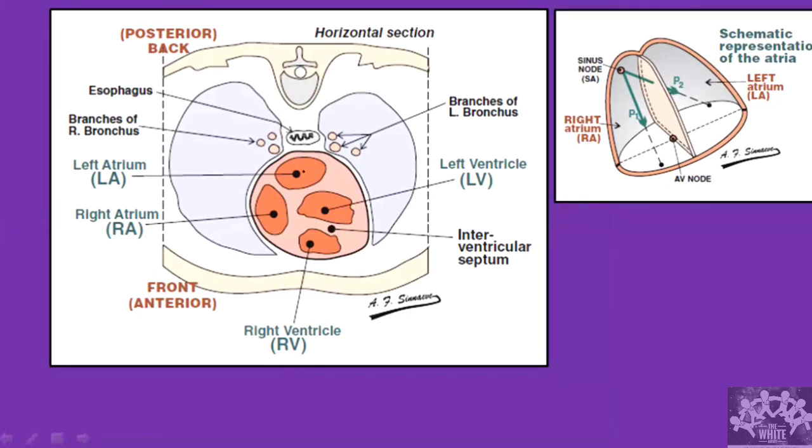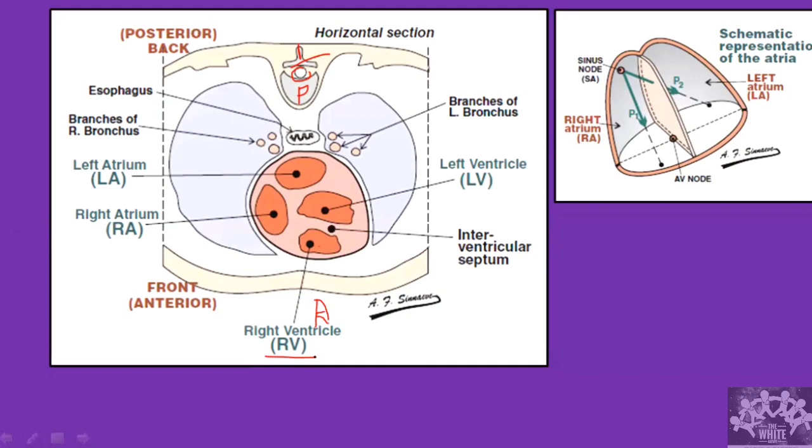So here, let's say this is the cross section of the heart. You're seeing the spinous processes of the vertebra, and this is the spinal cord. So this is the posterior part, and this is anterior. I'm viewing it from the top. That means the anterior-most part is the right ventricle.